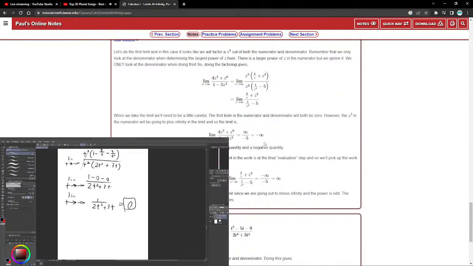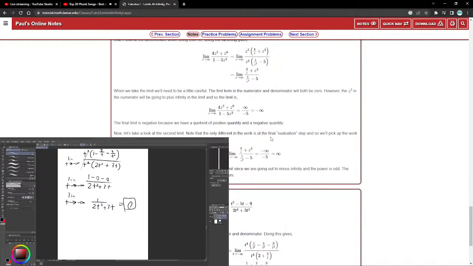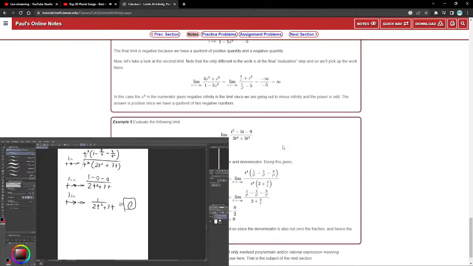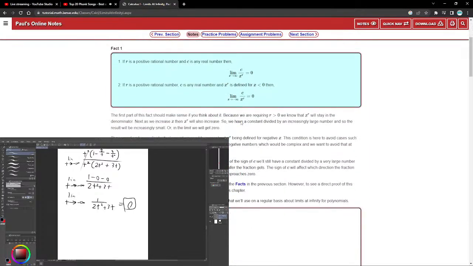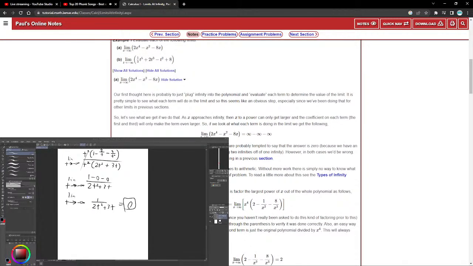Wait, but they didn't do that in this one. They didn't factor out a z to the power of 6. Is it whatever is biggest in the denominator? What we'll do here is factor the largest power of x out of the whole polynomial.